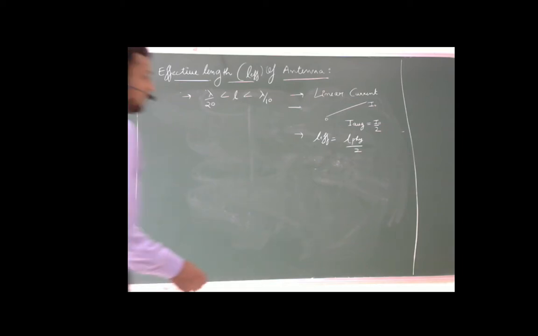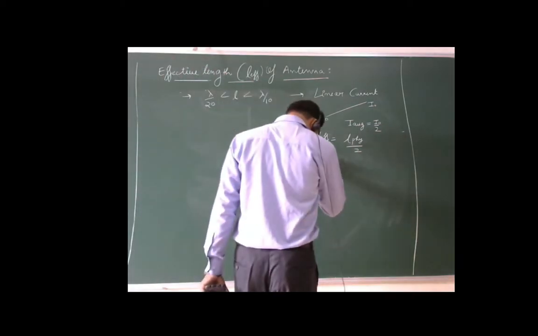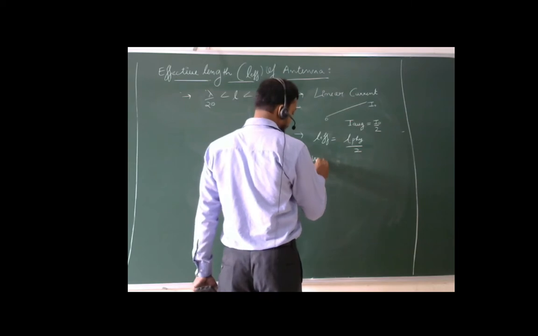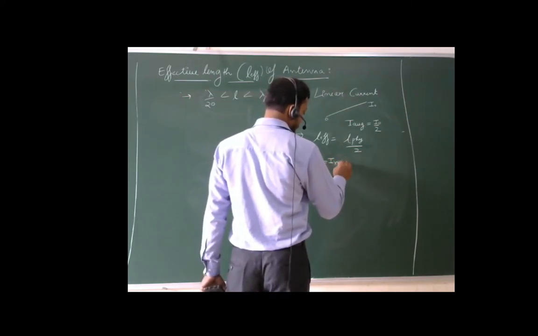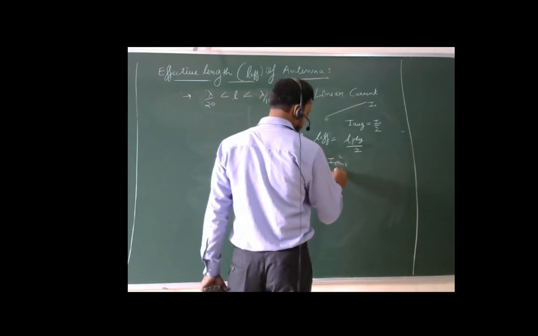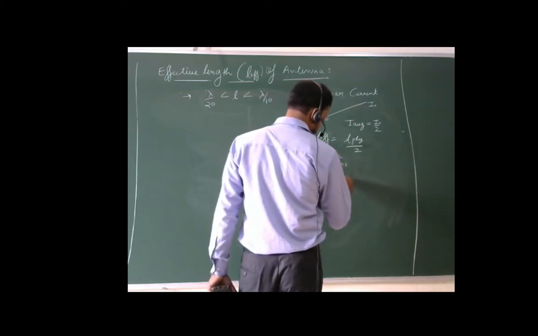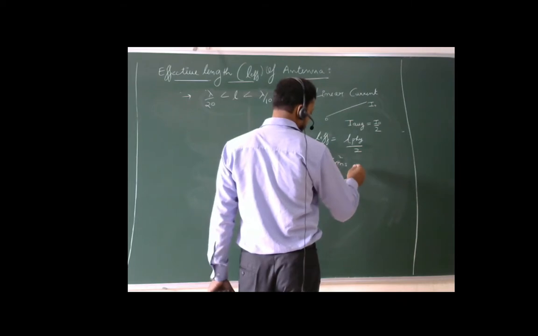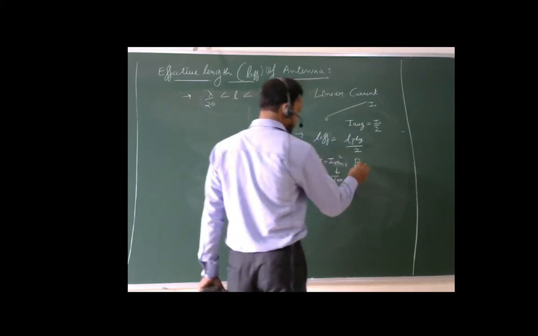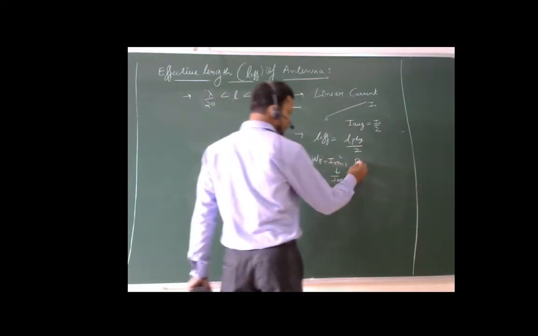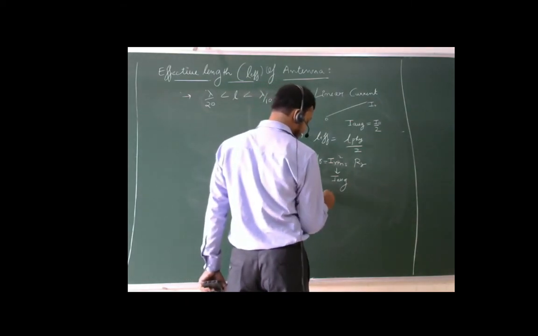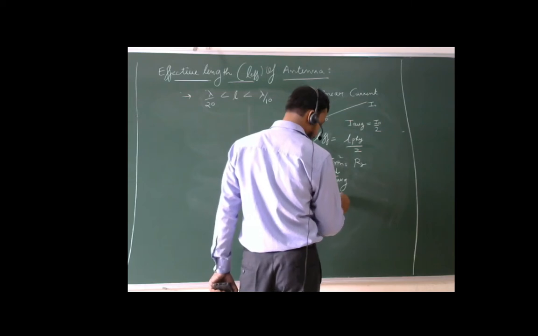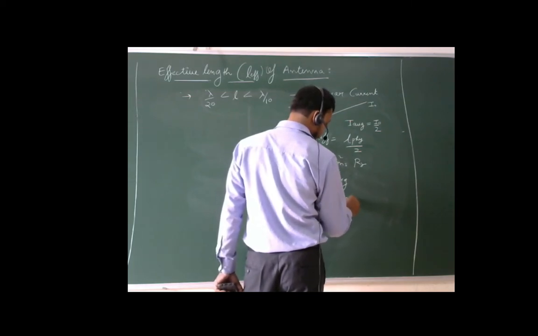Now the total power will become WR is equal to I RMS square. Now this will become I average into the radiation resistance, and here the radiation resistance can be given by 80 pi square.